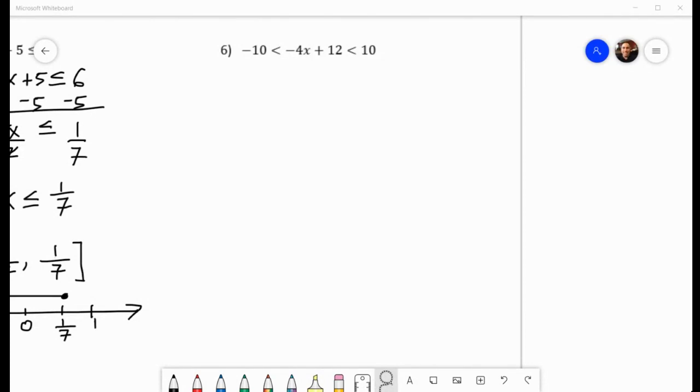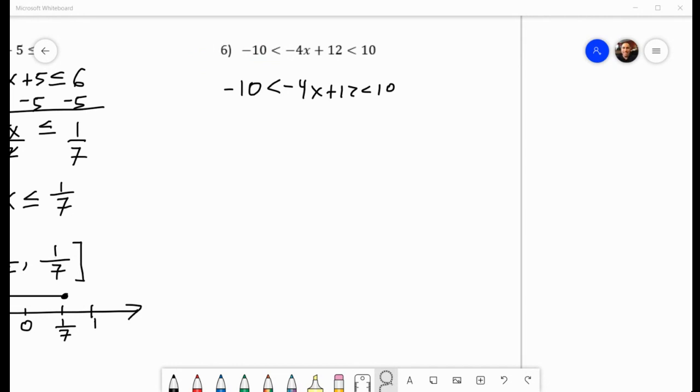So we have this one left to solve, number 6. It's the same idea. You want to get x all alone in between. X wants to be all alone. So that's not bad. How do we do that here?